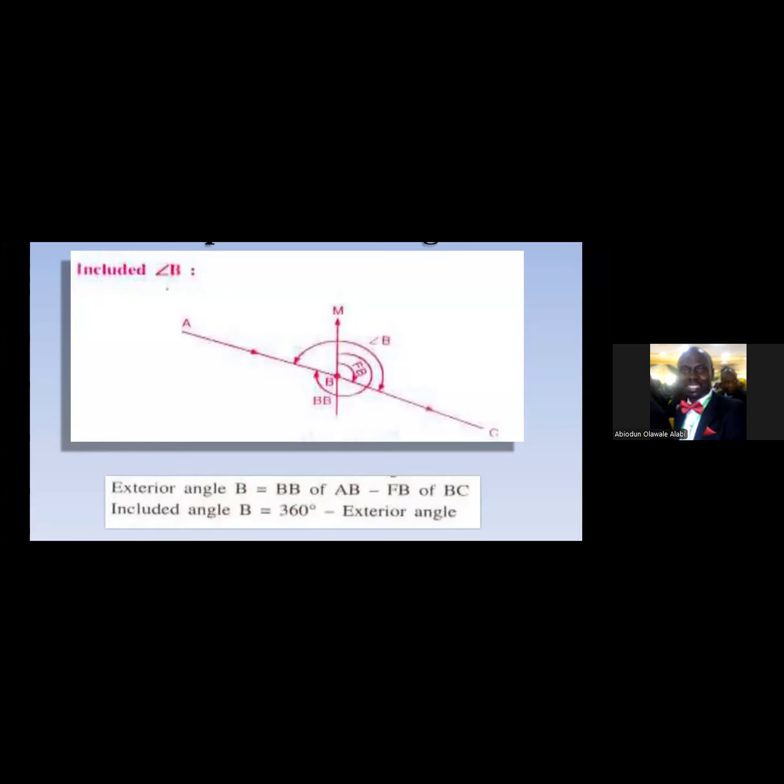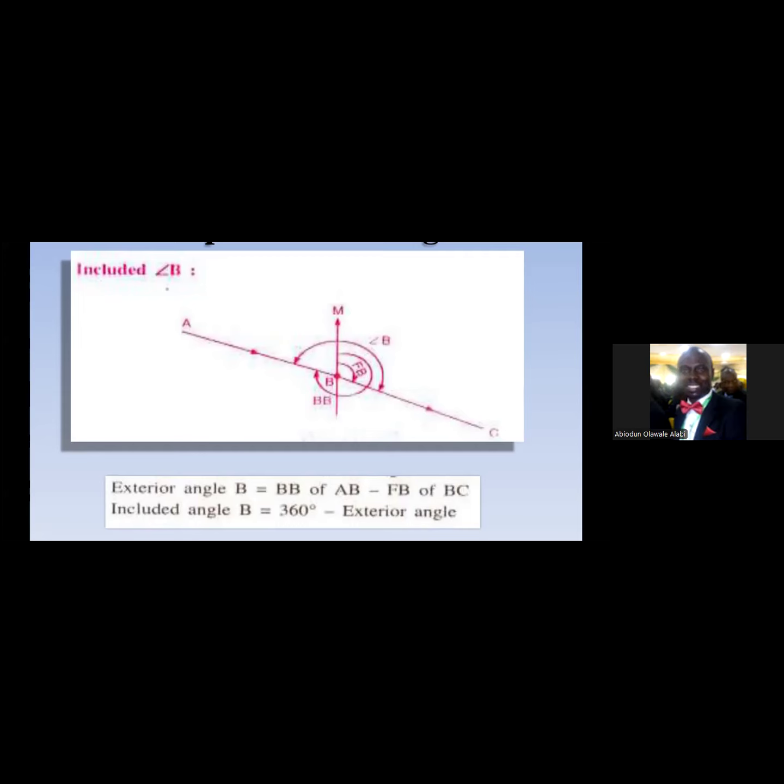Look at the vertical line M. You see a small angle inside. That small angle is the forward bearing of line BC, from that vertical line M touching the line BC.